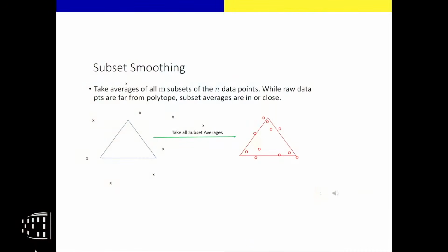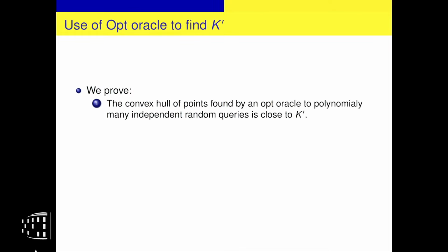And that's going to be the intuition, right? So, use of an optimization oracle to find K prime. We prove the convex hull of points found by an optimization oracle polynomially many times. So I take random vectors and maximize those vectors over K prime because I have the oracle, and the combination of those does the job without being precise.